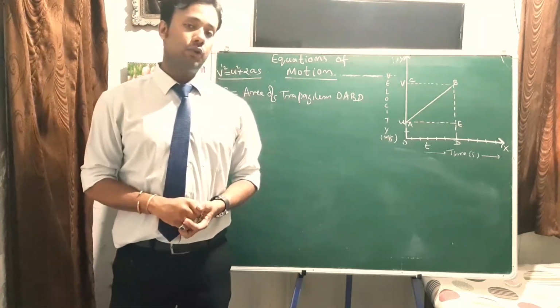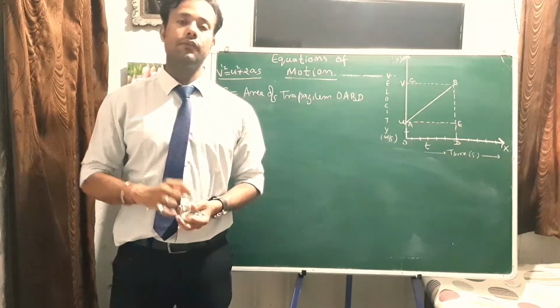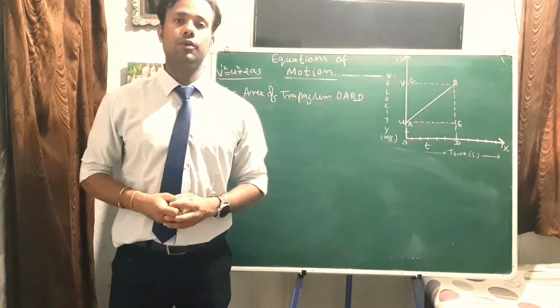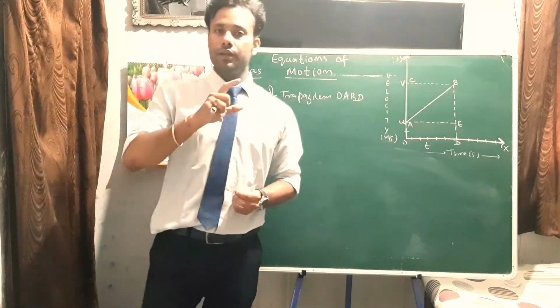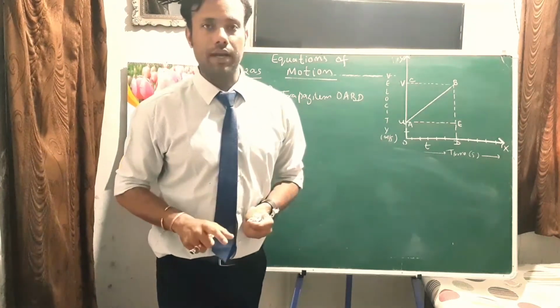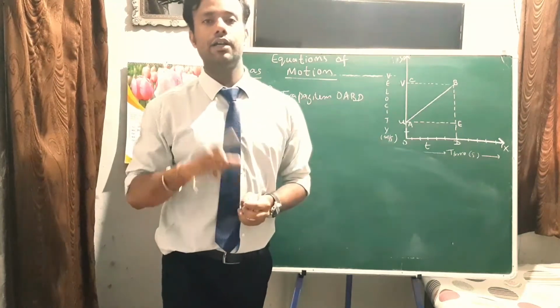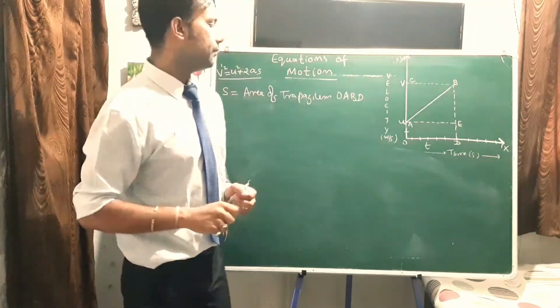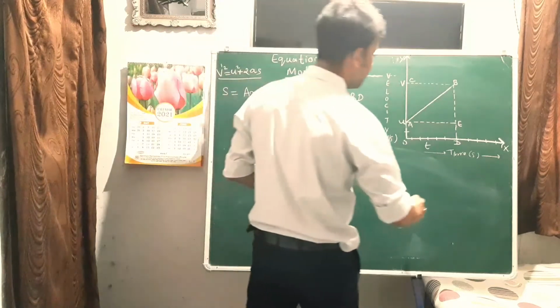But we also have the formula for the area of a trapezium, which is half into the sum of the parallel sides into the height of the trapezium. Let's quickly see what I'm saying here.